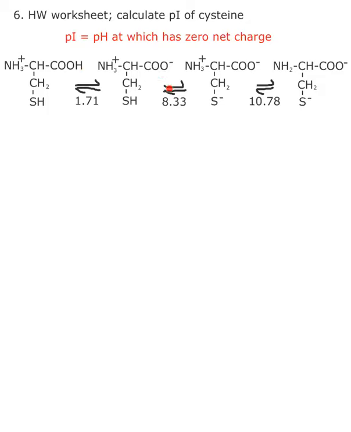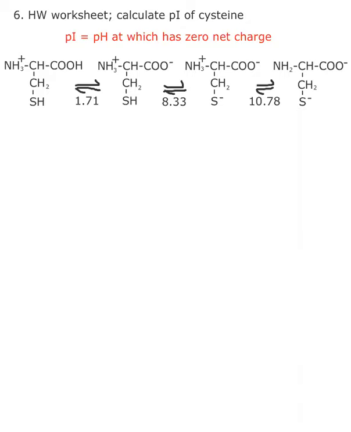And then the second pKa is from the SH group, so the SH group is deprotonated at the second step. And then the last step is the proton from the alpha amino group that is deprotonated. Okay, so now we got the whole structure, the 4 different forms of cysteine here.